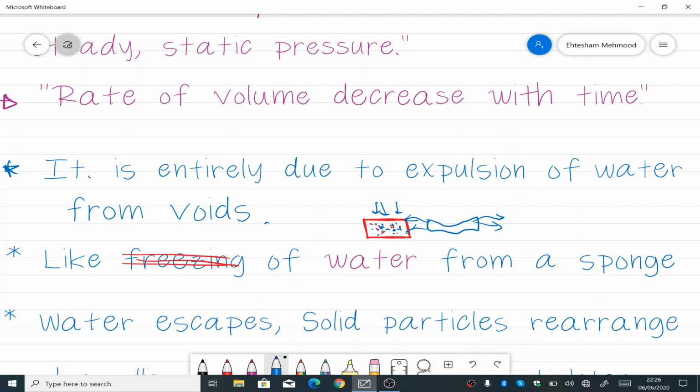But the difference is that in the sponge, water moves out immediately because it has very high permeability, so it easily lets water pass through it. Whereas in the case of soils, it depends on the type of soil. If it is a low permeability soil, we are compressing, but the rate of water moving out would be very, very slow, maybe months or years.